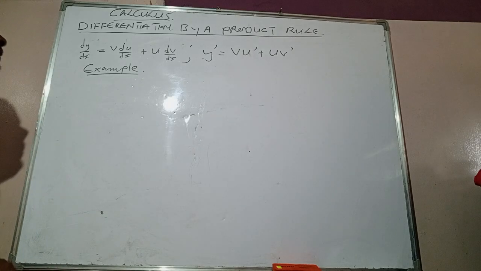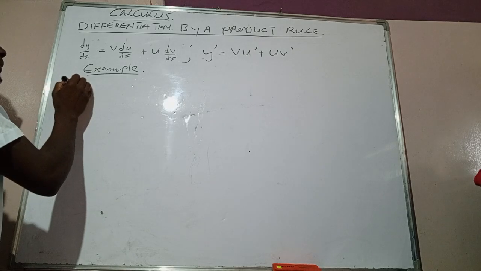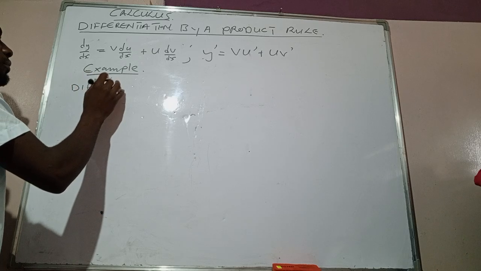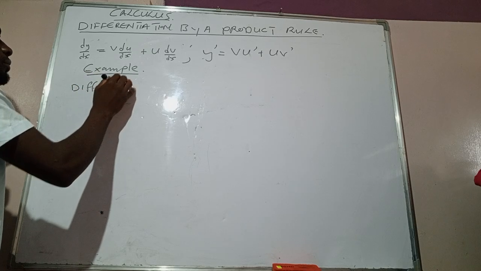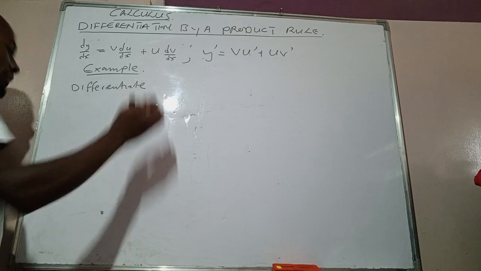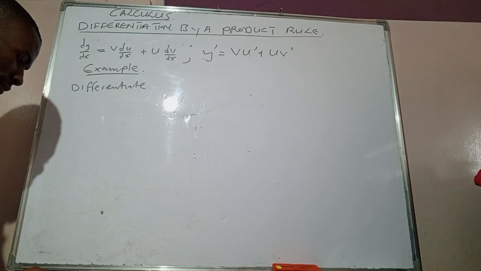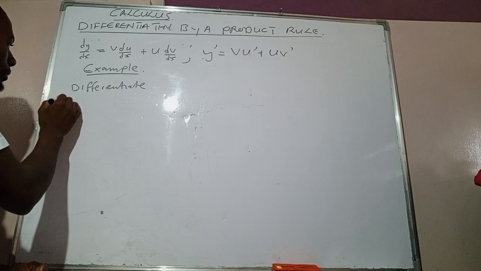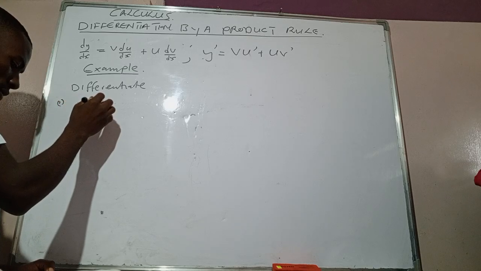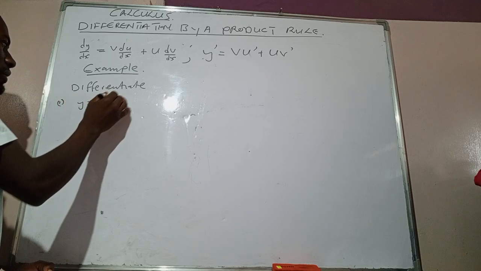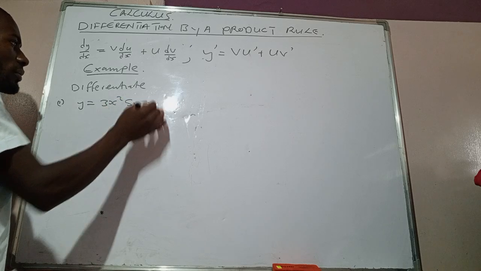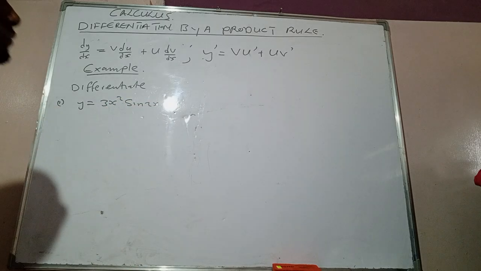So the first example: differentiate y is equal to 3x squared sine 2x.